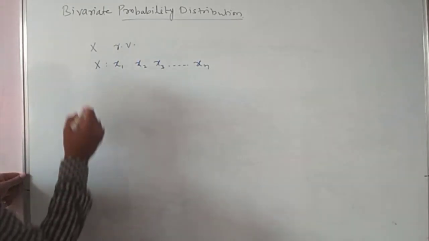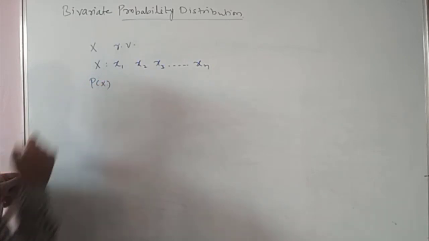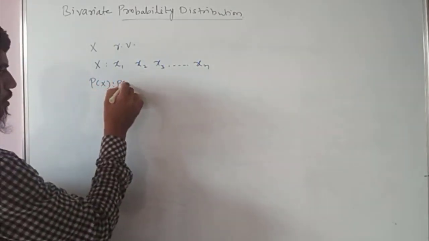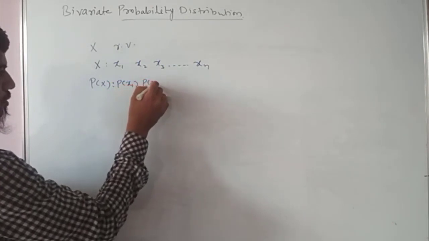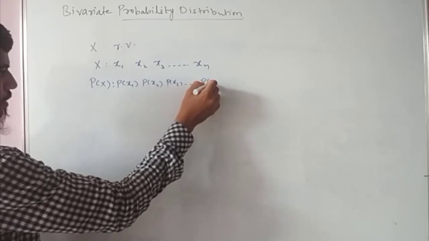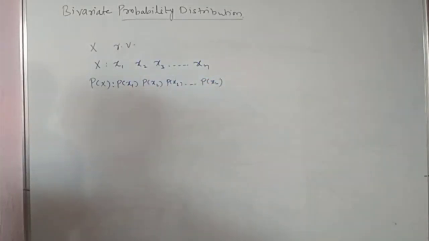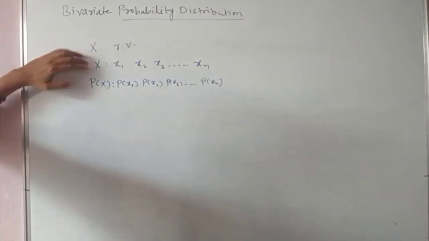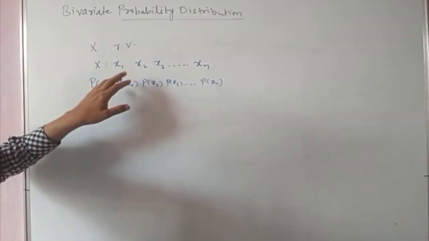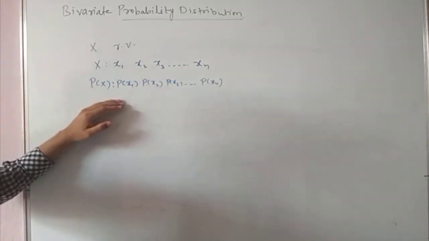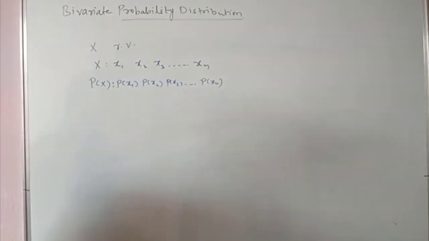And suppose we evaluate the probability of random variable x at all these values, like p of x1, p of x2, p of x3 and so on, p of xn.